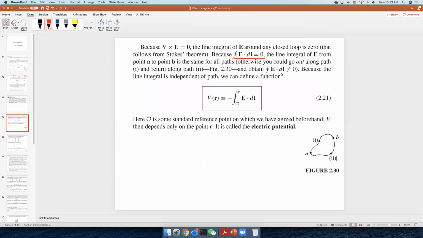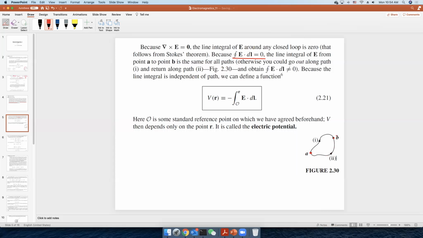Let's say you have a point A here and a point B here. You have an infinite number of paths connecting A and B, or going from A to B. In this case, if you do a line integral of E, we have demonstrated it's independent of path.